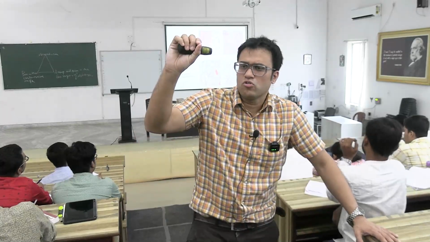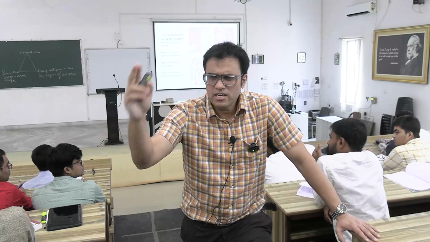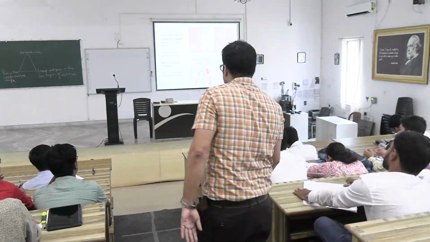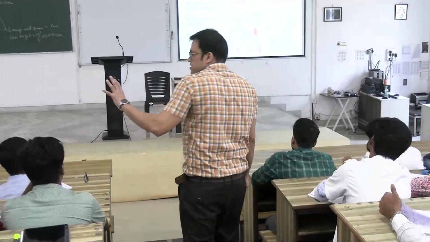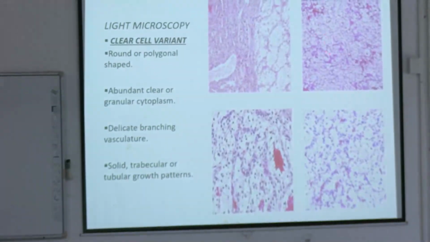I haven't mentioned the new additions, all the new additions mention it. Fine vascular channels equated to chicken wire. And the growth patterns are solid, trabecular or tubular.